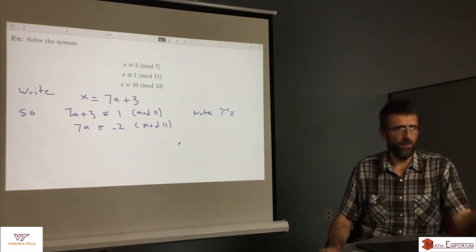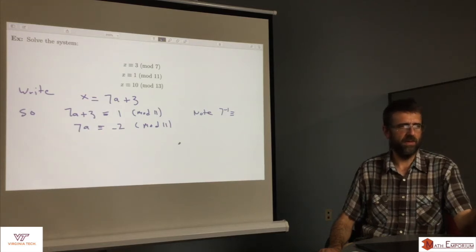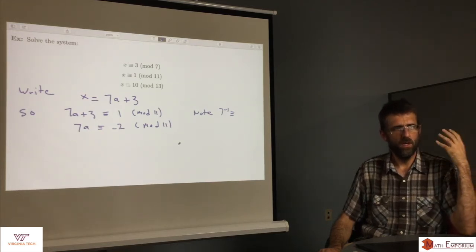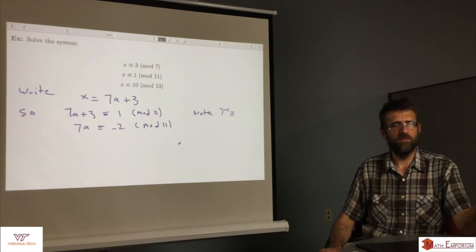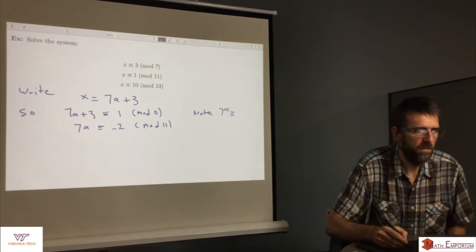Well, 11's prime, so any non-zero coefficient here will be invertible. Of course, we could use the extended Euclidean algorithm, but that would be overkill here. So I'm just going to eyeball this and note that 7 times 8 is 56, which is congruent to 1 mod 11.